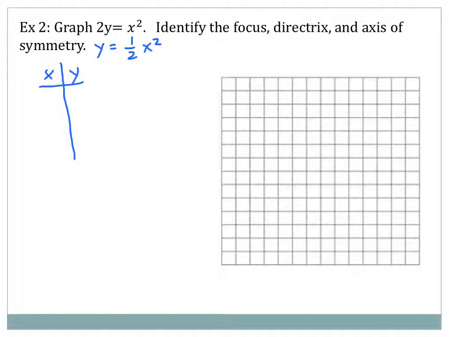My vertex is 0, 0, and I'm going to plug in numbers that the 2 will divide into. So again, I'm going to use -2, +2, 4, and -4, and since my x is squared, I'm going to plug in for x instead of y this time. So this gives me +2 and +2, and 8 and 8.